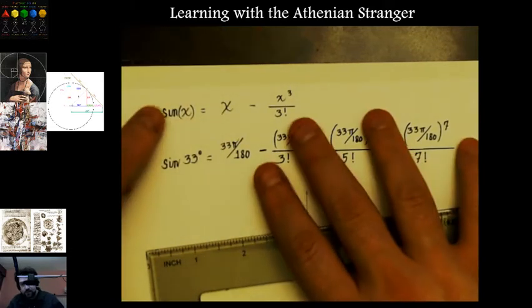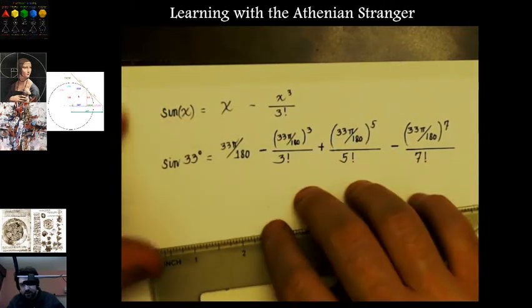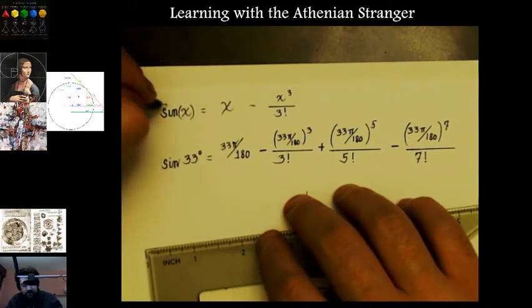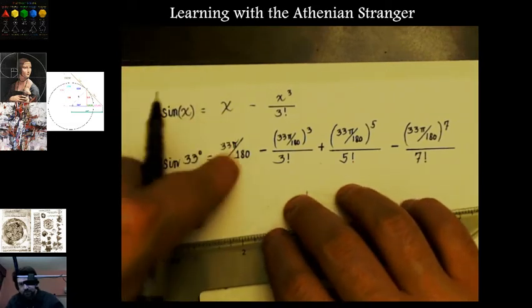This is the general form, so you can do this with any angle to find the sine of any angle. Remember, this is in radians though.